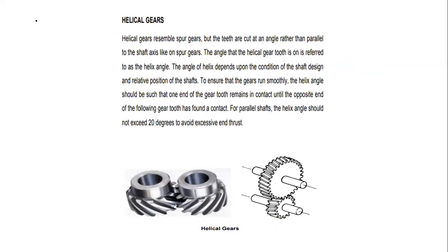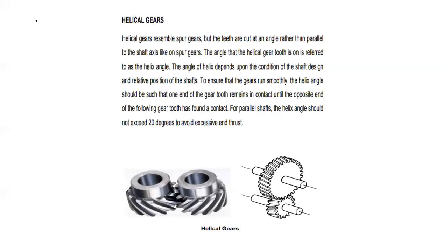Next, helical gears. Here also, the transmission of power is in parallel axis. This is used in the gearbox of the car or truck. All of you see the forward movement as well as backward movement of the vehicle. They use the gearbox.